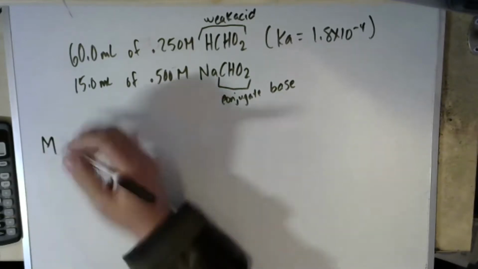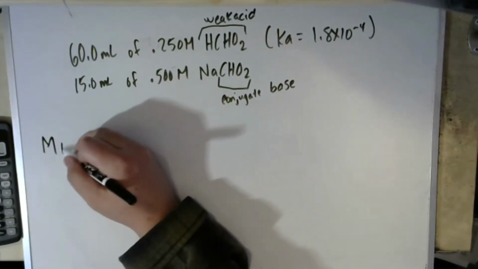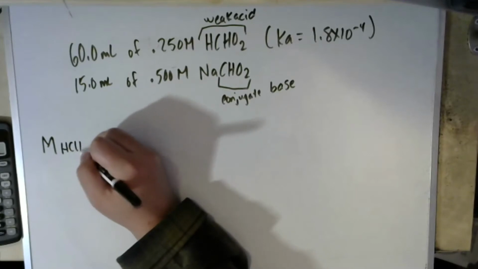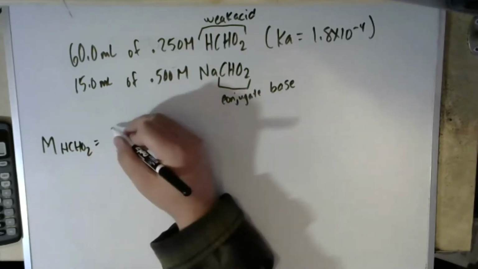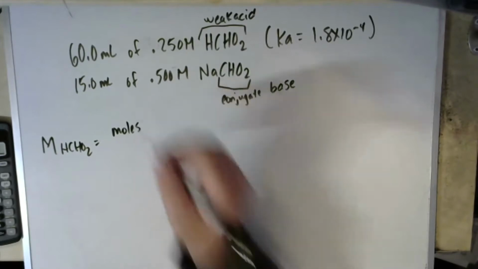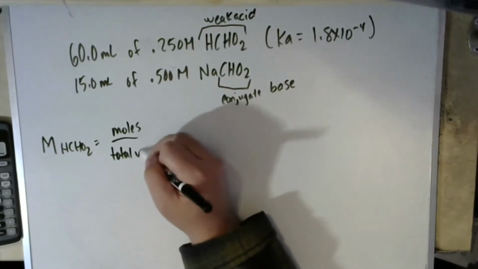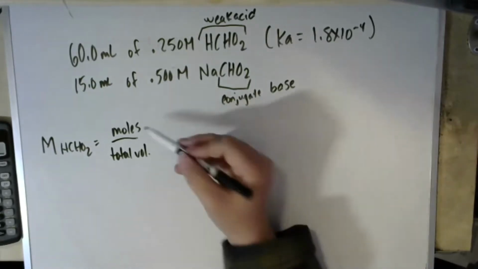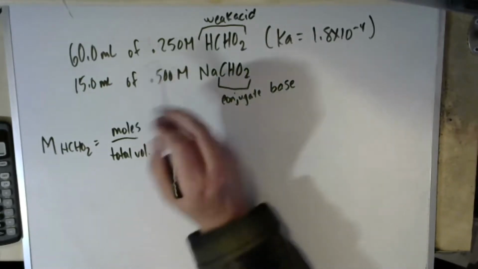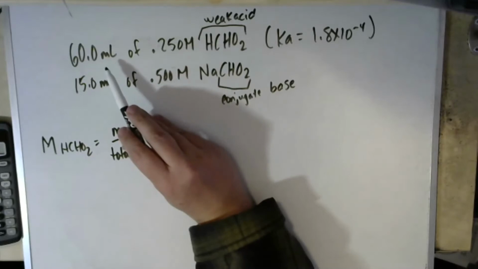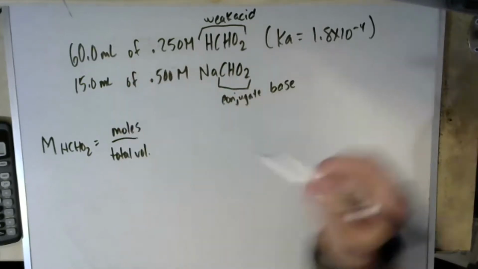Okay, so the molarity of our HCHO2, we're going to find by calculating the number of moles we have and dividing it by our total volume. We're going to figure out the moles that we have by taking our molarity and multiplying it by the volume that we added.